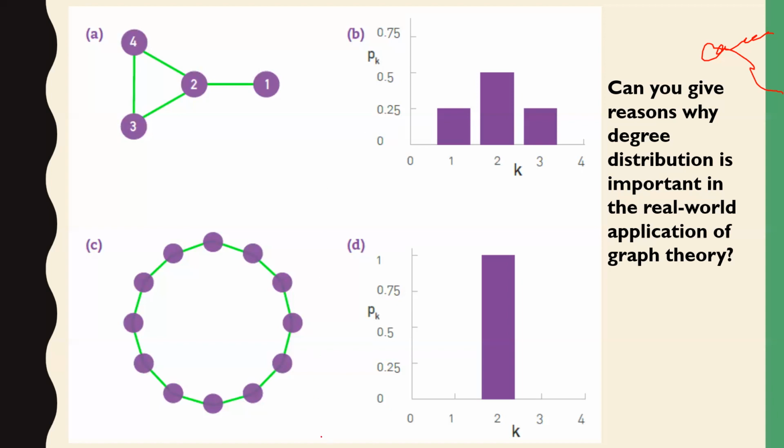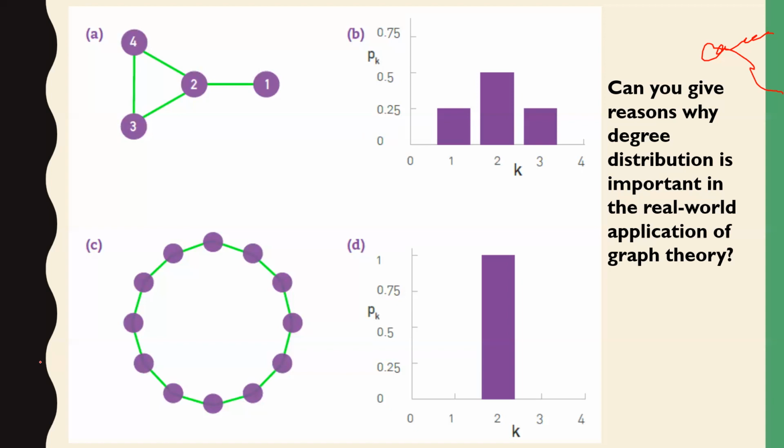Sir, can we try with our own view on what degree distribution is important in the real world? Oh, sorry. What's the question there? Yes, I'm seeing the question. I wanted to try with the answer.